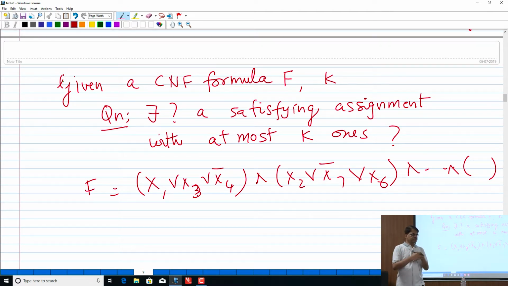Remember that? So, we tried it on 2-CNF SAT, but it was not completely that. There was a little more trick to it, because if the clause is x or y, then you set x to 1 or y to 1, then k drops by 1 each time. But if the clause is x or y bar, then you have to set x to 1 or y to 0, and you had a problem. K did not drop. So, how did we handle that?